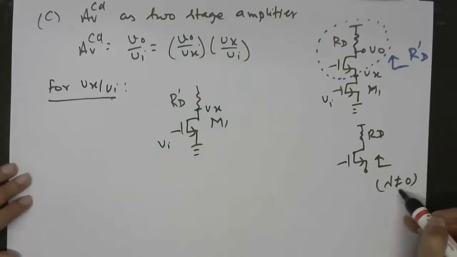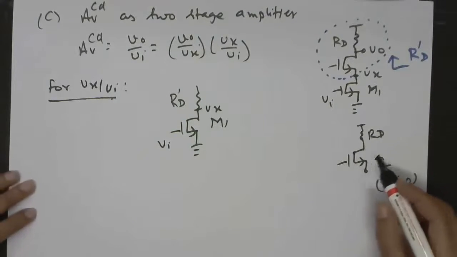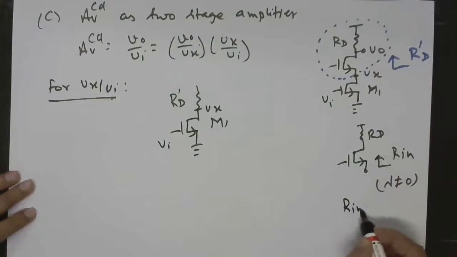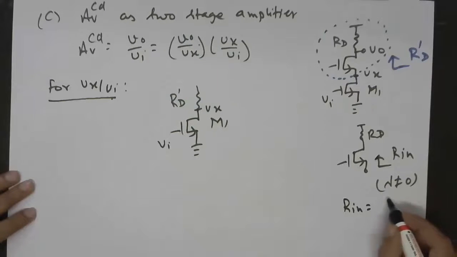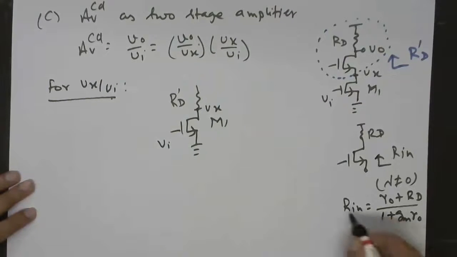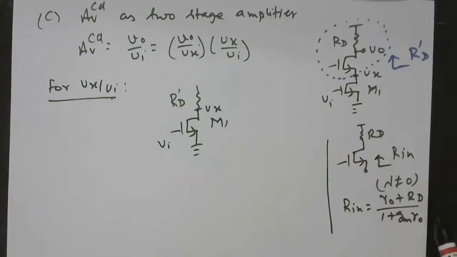But when you take channel length modulation also, then it is not going to be simply 1 by Gm. Rather, in this case, Rin is going to be given by R0 plus Rd divided by 1 plus Gm R0. So the input impedance looking into the source gets modified like this. Here you can see that if you take the limit R0 to infinity, it will turn out to be 1 by Gm.